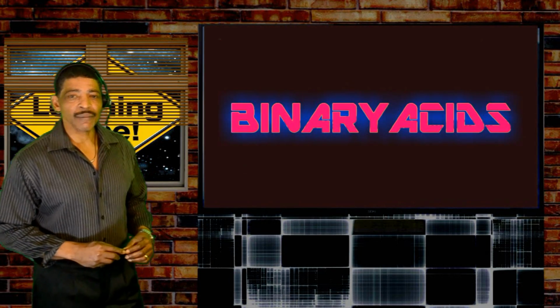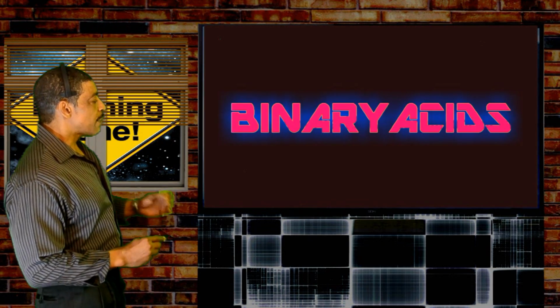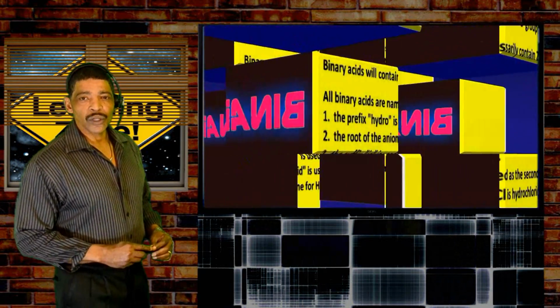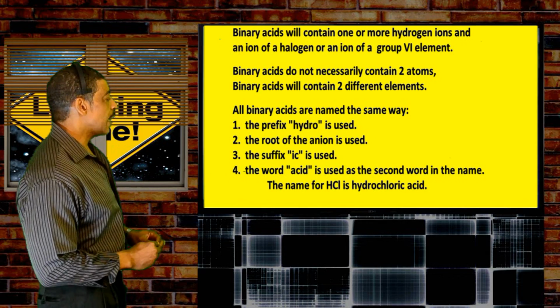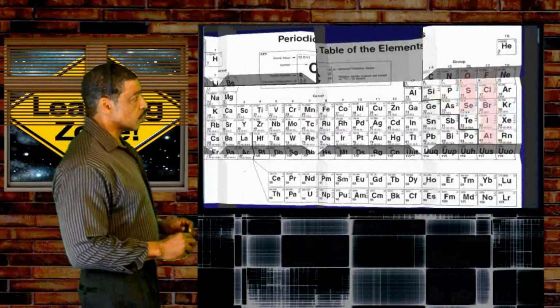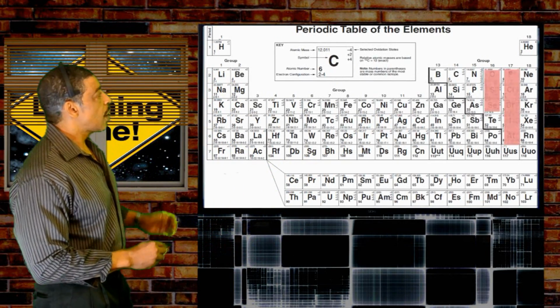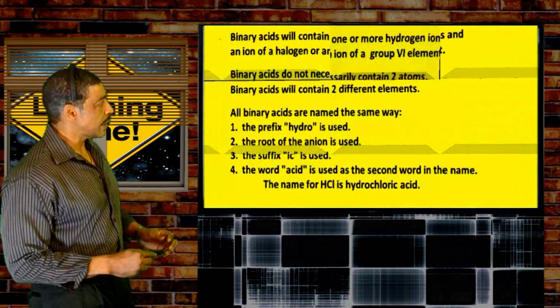The simplest type of Arrhenius acids are called binary acids. Binary acids contain one or more hydrogen ions and an ion of a halogen or a group 16 element. All binary acids are named the same way.